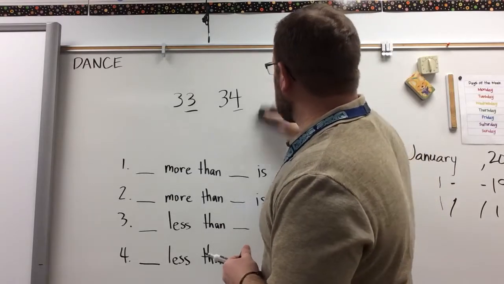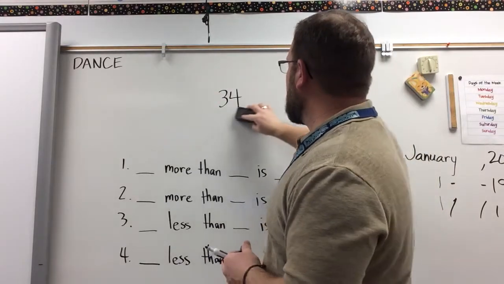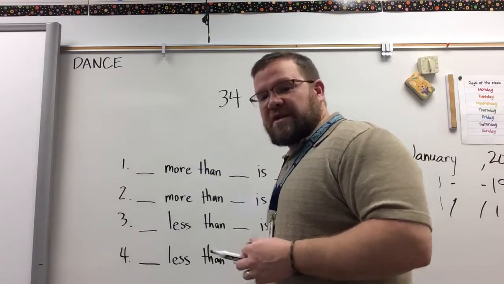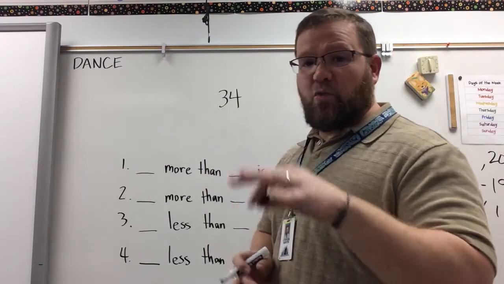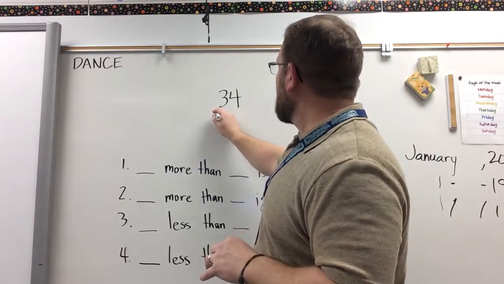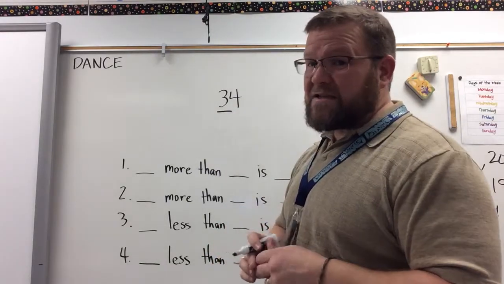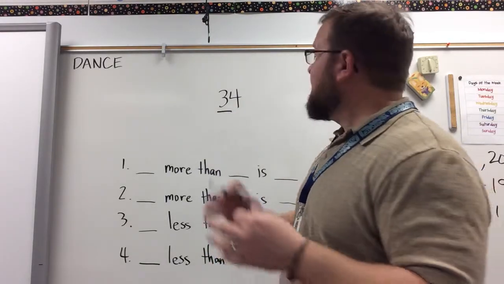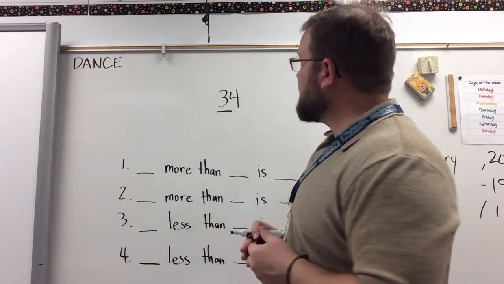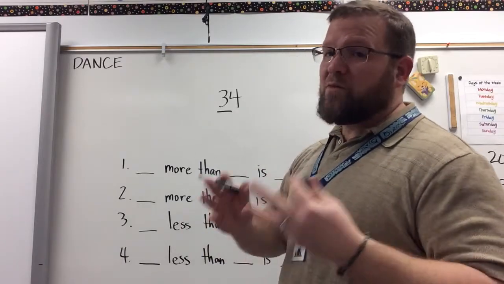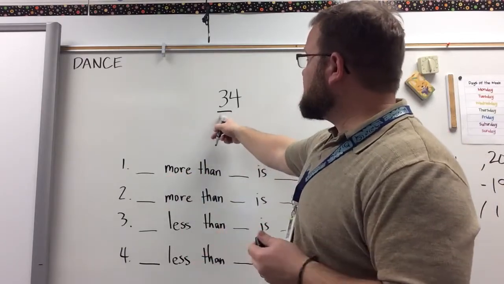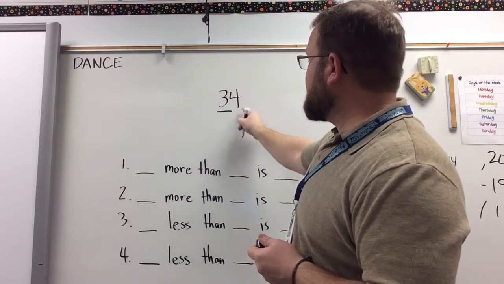Now, we're going to erase these, and then we're going to find 10 more and 10 less. When we're finding 10 more and 10 less, the number that changes is the one in the tens place. This one, the one that's in the tens place, okay? So, what is 10 more? If we're going to add 1 to this place, remember this number stays the same.